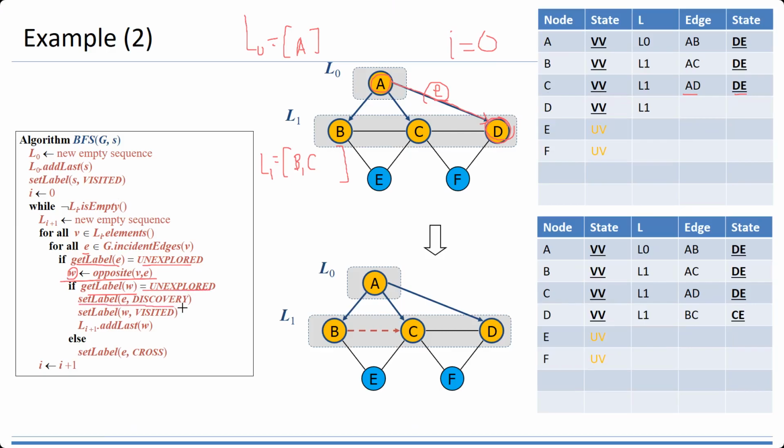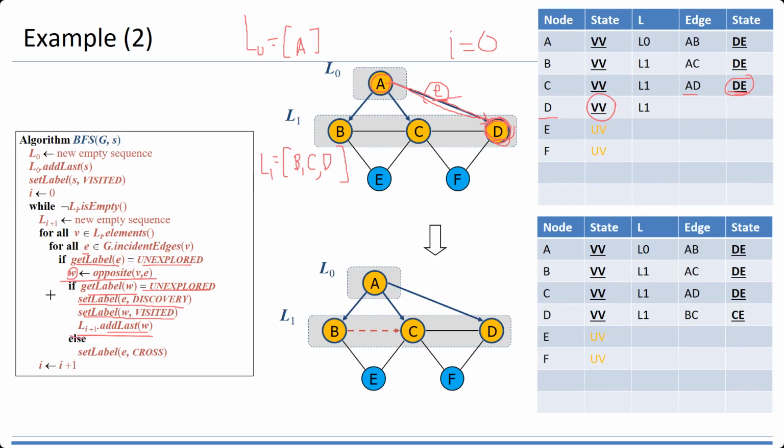Then set the label E as discovery, so AD is a discovery edge. Then set the label of W, D, as visited. And then in Li plus 1, add the last W, so I'm going to add D into L1.